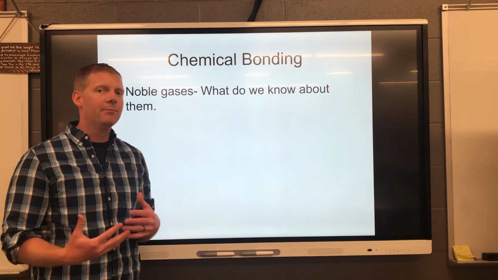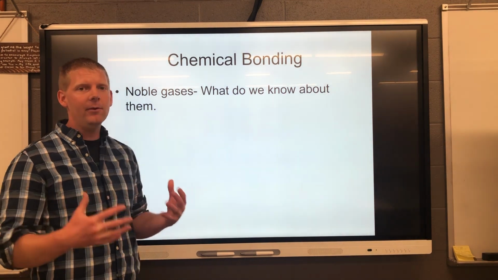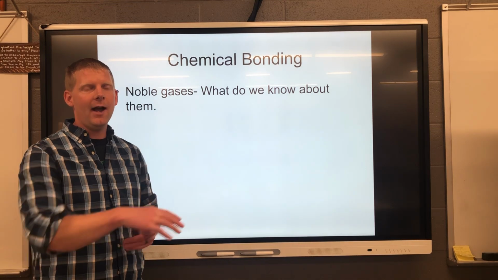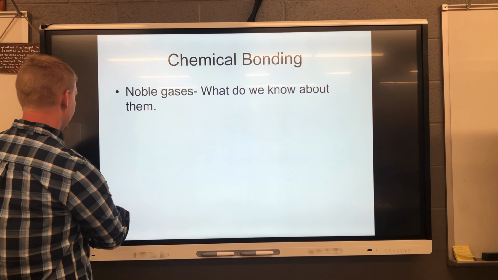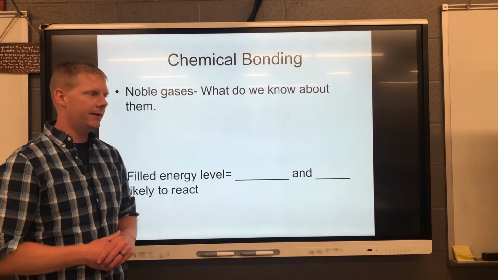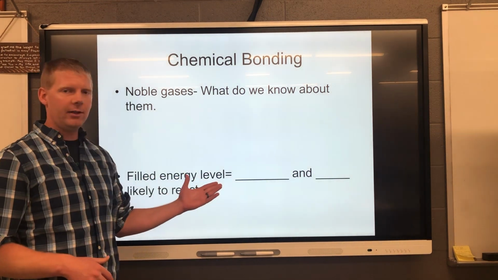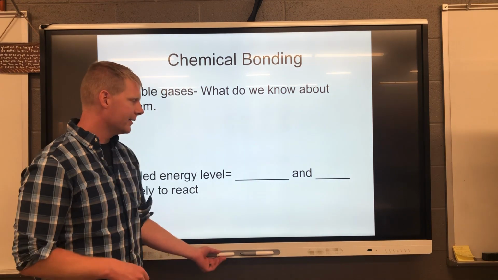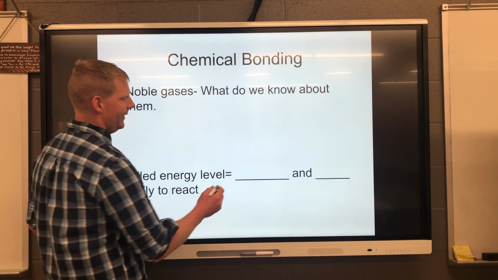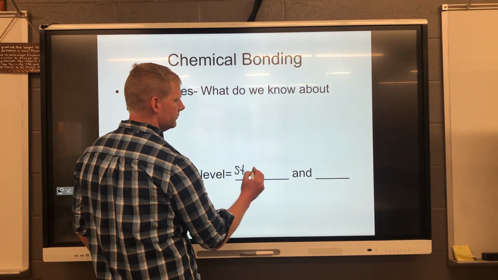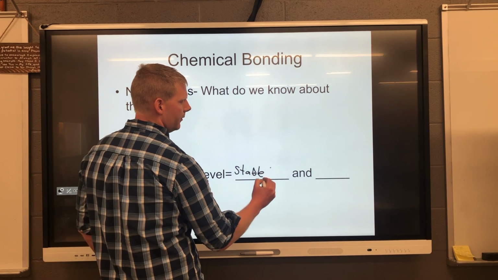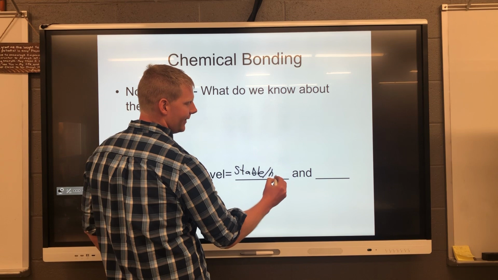They're completely unreactive because their outermost energy level is completely full. So that's what's going to get into this chemical bonding. If they have a filled energy level, you can say that they're stable, or for lack of a better word, you could say they're happy.